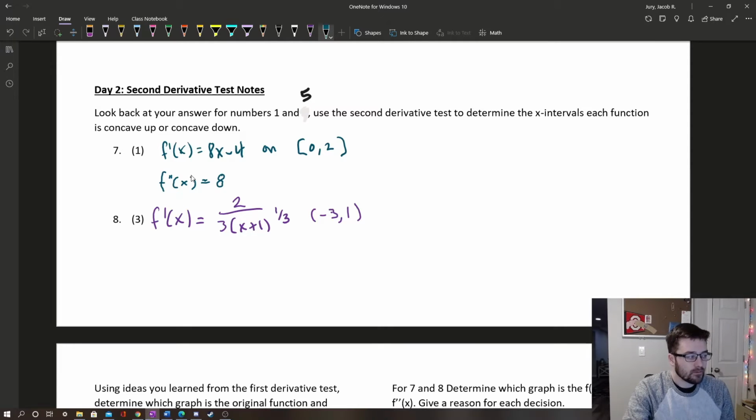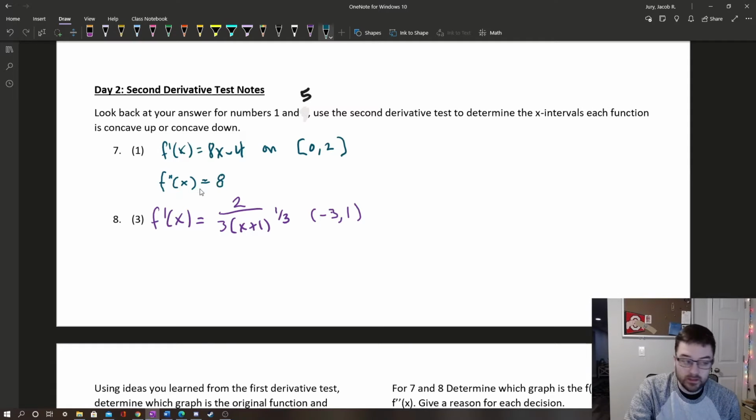So for number 7, on 0 to 2, it looks like our second derivative is just this flat line. So this equation is the y value is equal to 8. So this is a horizontal line.